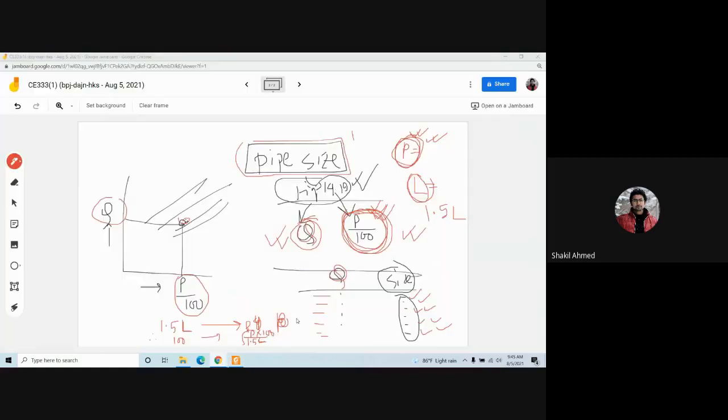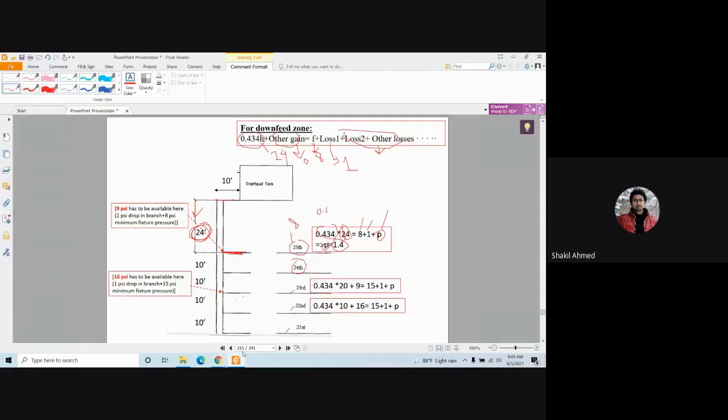Why? Again, because you are determining the pipe size. To determine the pipe size from figure 14.9, you need Q and you need this. So you are determining this. So p equals 1.4 psi.